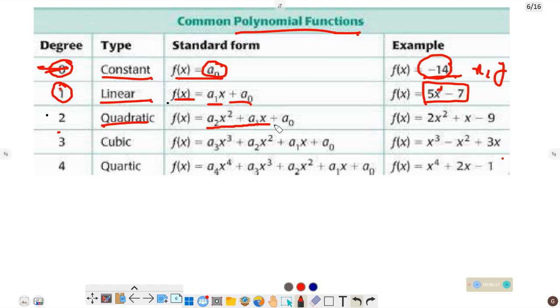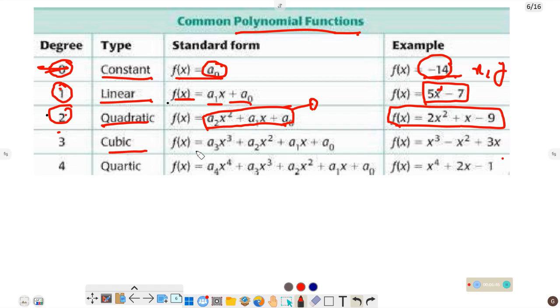It is a standard form of a quadratic polynomial, and an example is 2x square plus x minus 9. The highest power of this expression is 2, so its degree is 2.